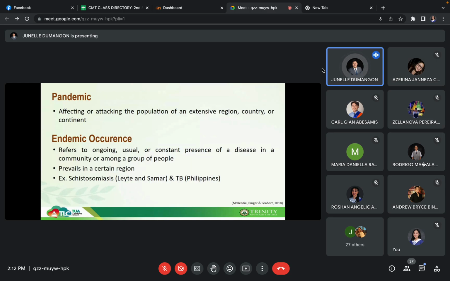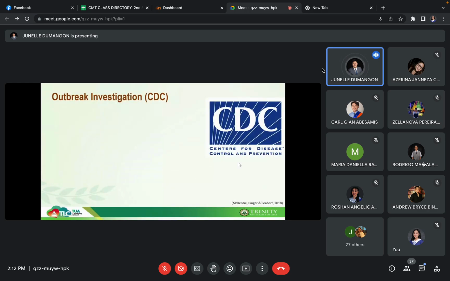And an endemic disease in the Philippines is tuberculosis. So, ibig sabihin, normal lang sa atin sa Pilipinas ang mga may TB. Sadly.